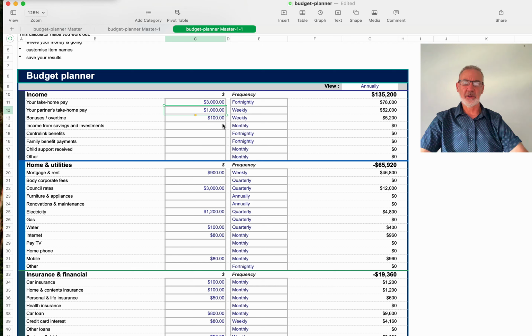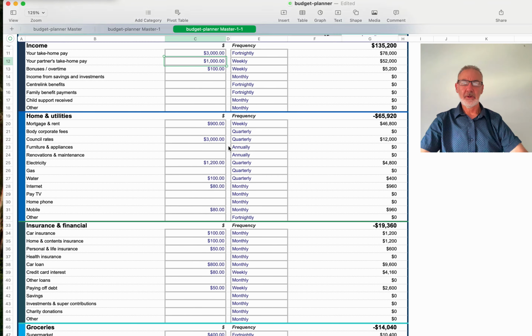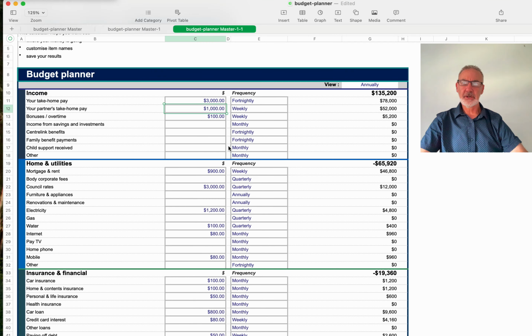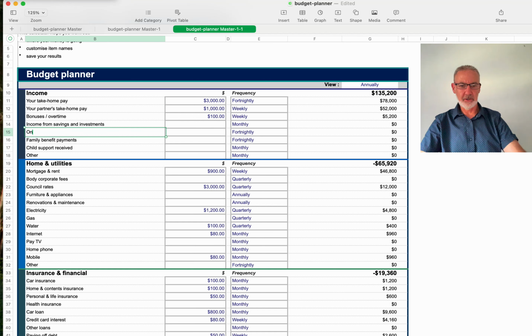Depending on how often you get paid, you alter the frequency in this column here. If you want to change anything, say instead of Centrelink benefits, we might change that to online income. So you can tailor it to your needs.